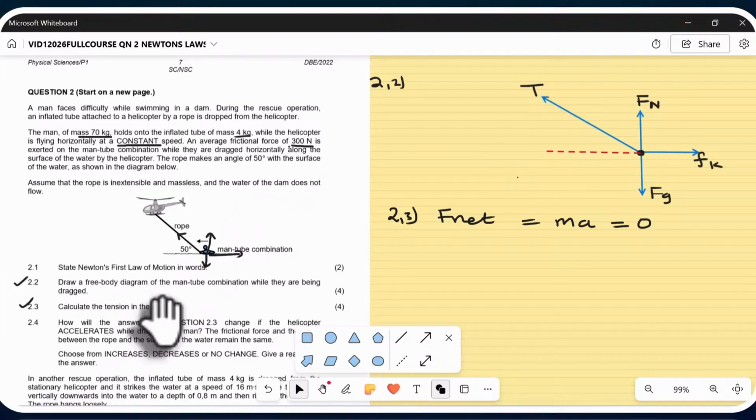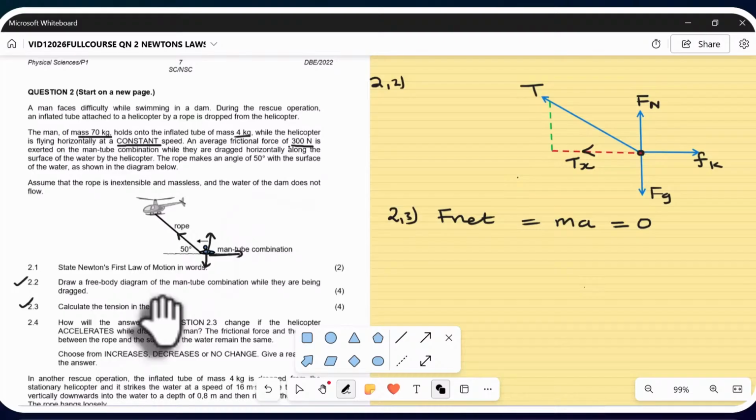The 2 components must be perpendicular to each other. This component going to the left I'm going to call Tx, and this component going up we call Ty. The angle they gave us is 50 degrees.